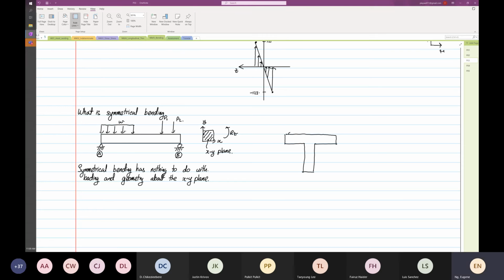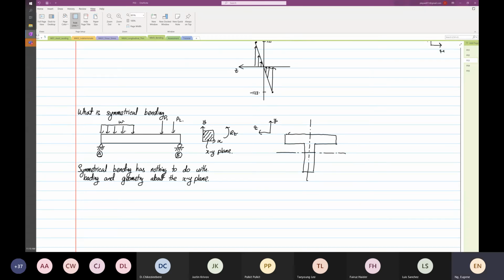This is a centroid. This is my Y, and this is my Z, right? So that is a centroid about my Z axis. Then this is my centroid about the Y axis.